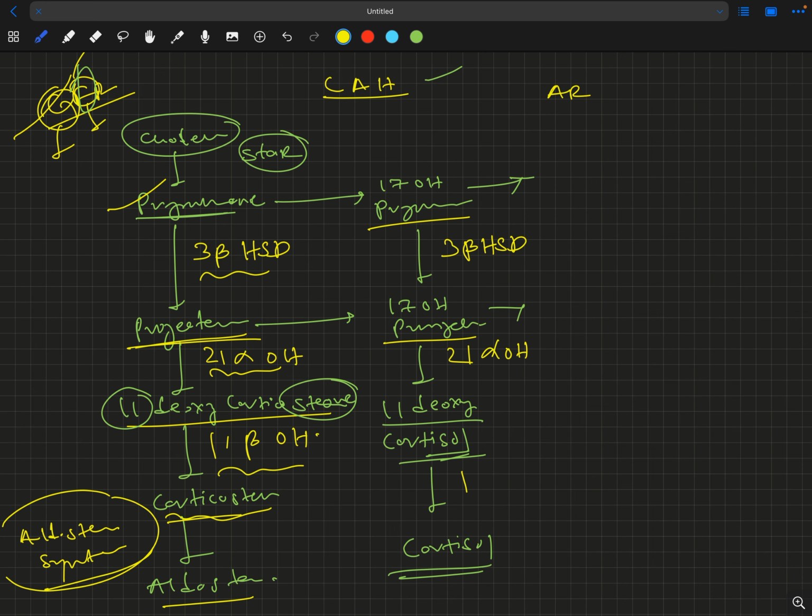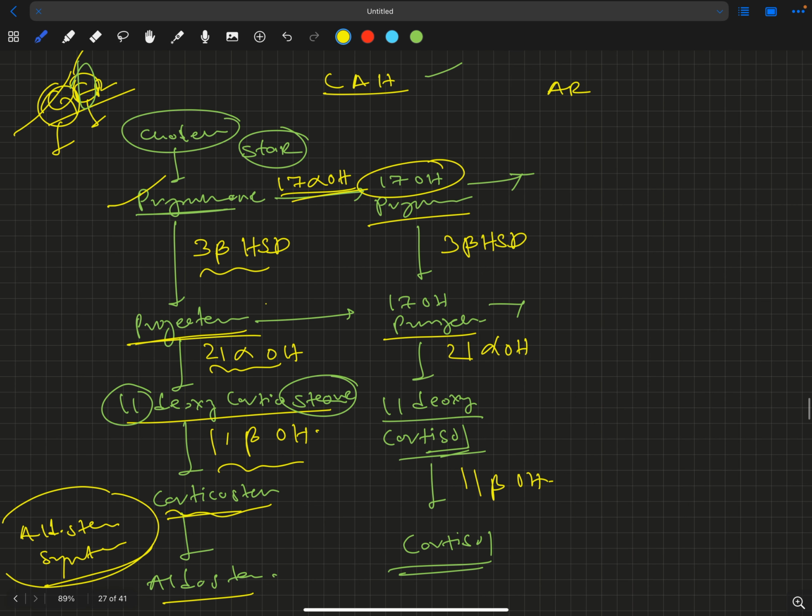From 11 deoxycortisol to cortisol is by 11 beta hydroxylase. And this step is catalyzed by 17 alpha hydroxylase. We are seeing that 17 OH is added, so it is catalyzed by 17 alpha hydroxylase. So from progesterone to 17 hydroxyprogesterone, it is by 17 alpha hydroxylase. This is what takes place in the zona fasciculata.